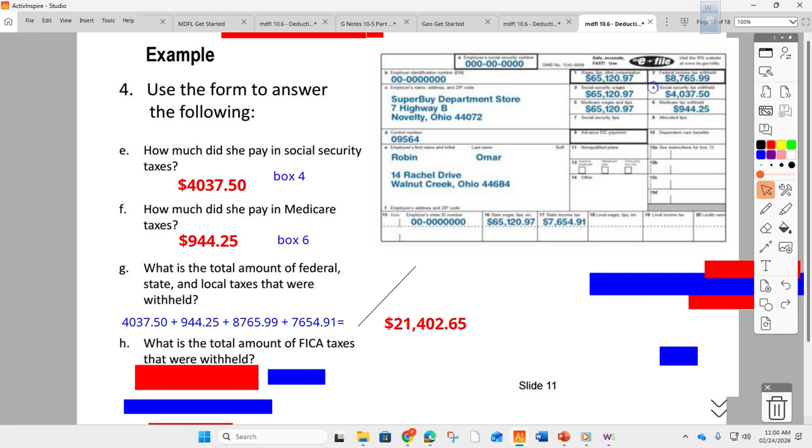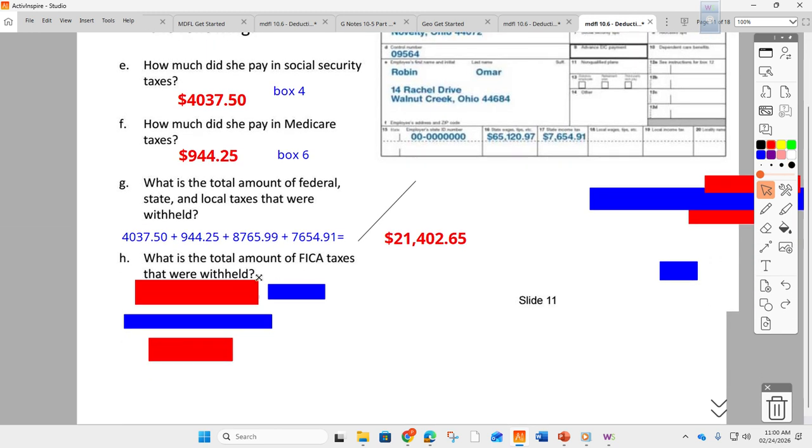All right, so this is a little bit new terminology. FICA taxes, it says what is the total amount of FICA taxes? We have to know what FICA taxes are. FICA taxes are your Social Security and your Medicare. And so you're going to add up the amounts in those boxes. So we're going to add box 4 and 6.